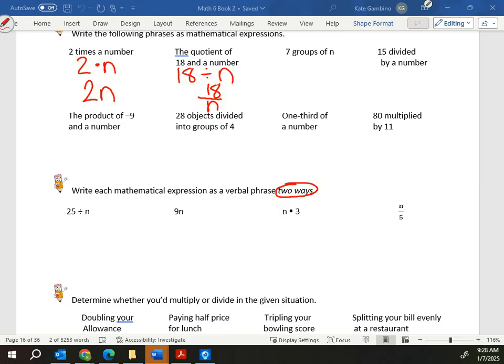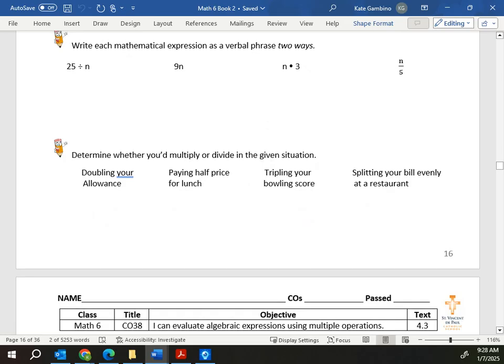All right, let's look at the bottom section. You're doing the mathematical expression. Remember that expression means writing it out verbally using our words. So if I have 25 divided by n, how could I put that into words? What words could I write? Emma: the quotient of 25 and a number.